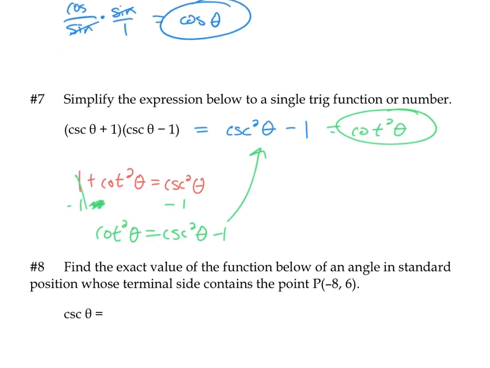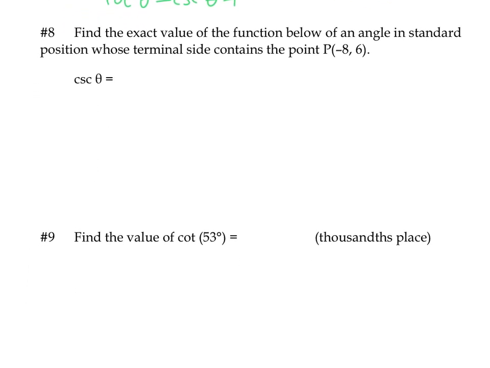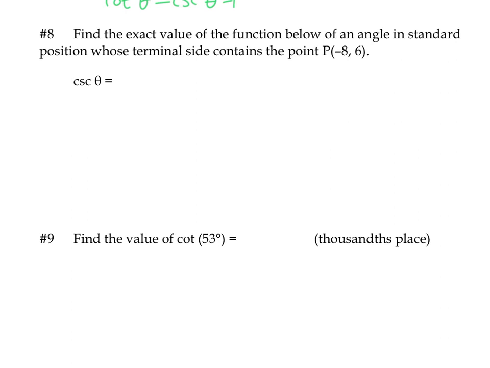All right. The next problem here, number 8, find the exact value of the function below for an angle in standard position whose terminal side contains the point -8, 6. If we look at this, -8, 6 would be out here in quadrant 2, because of a positive y value.